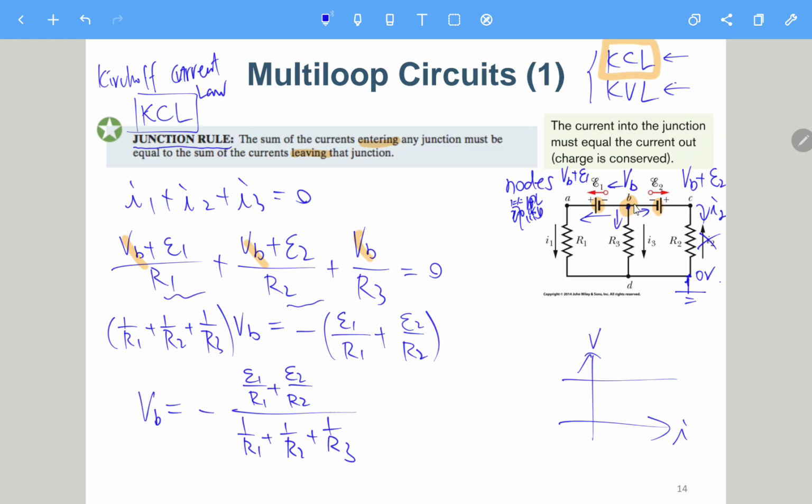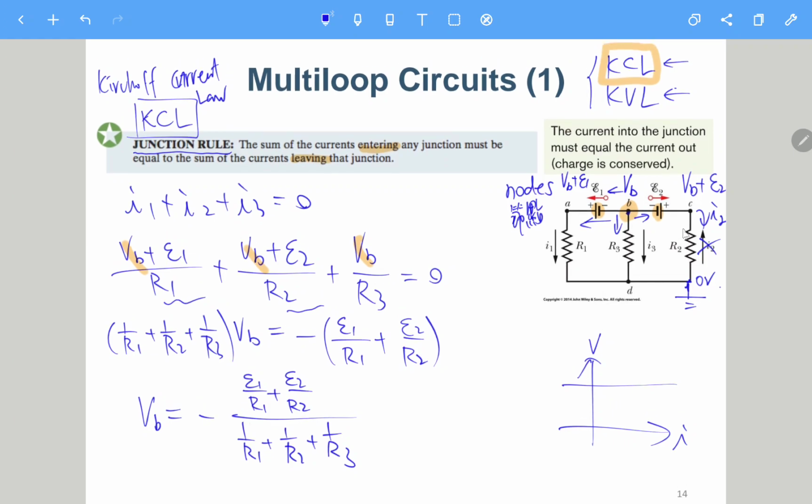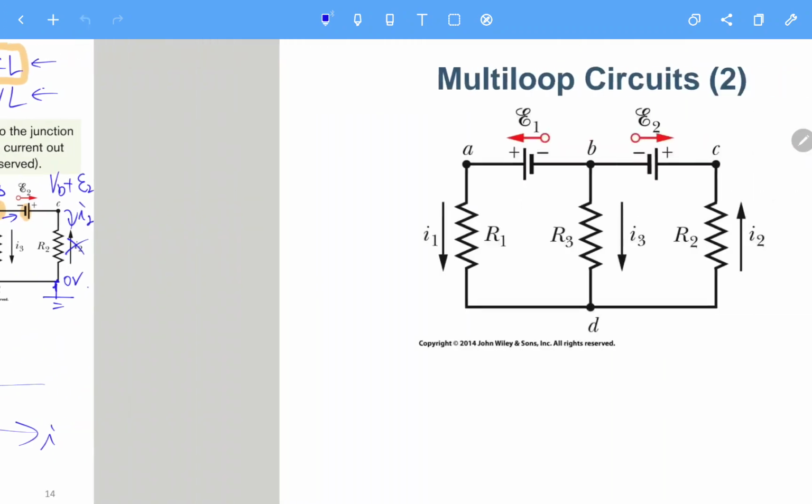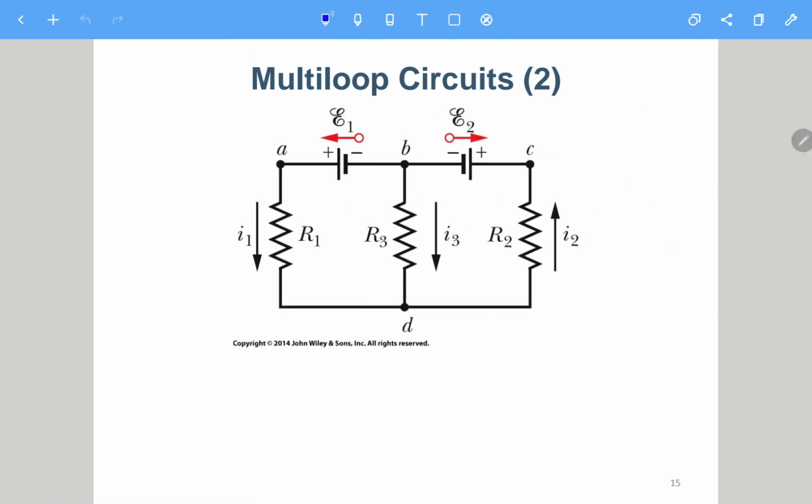From here to here, this is too trivial. Even before you solve the circuit, this is E1 minus E2. So this is VA minus VC. This circuit is really easy.